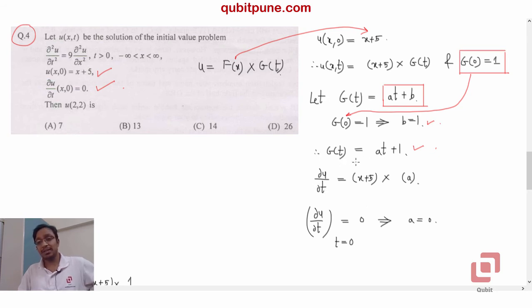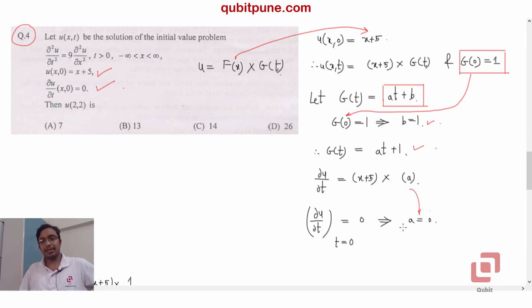Well, g of t being a linear function, its partial derivative with respect to t will be a, correct? And what they are saying is partial u with respect to t at t equal to 0 is 0. So what does this mean? This means that x plus 5 is definitely not going to be 0, and therefore a is equal to 0.